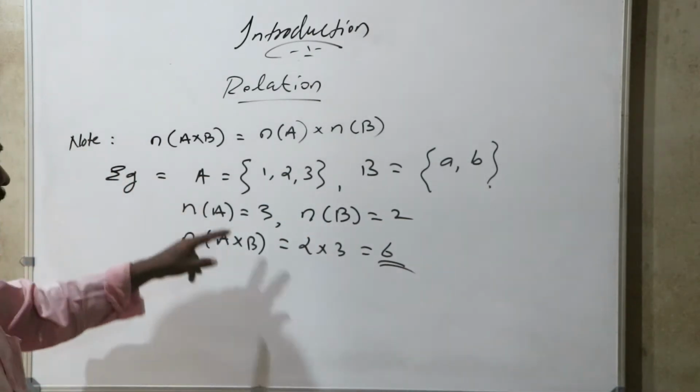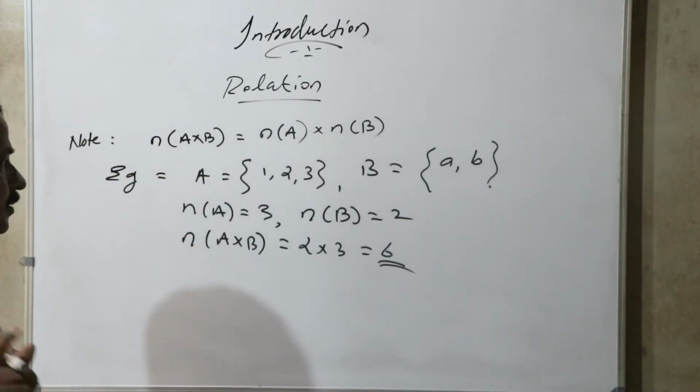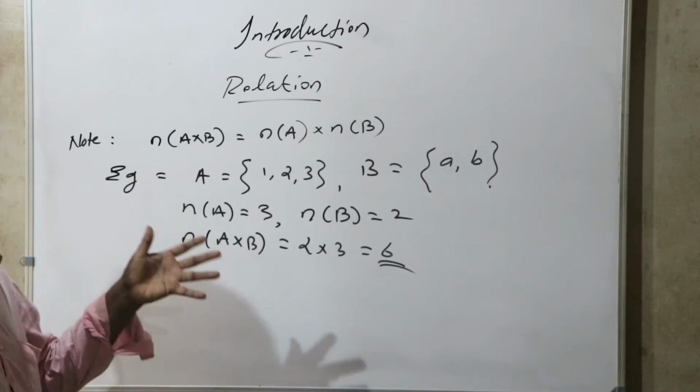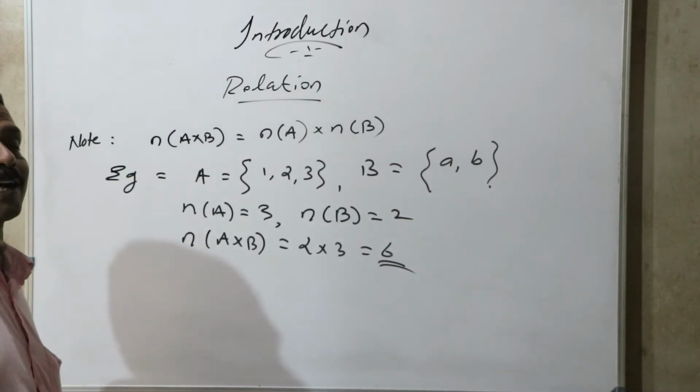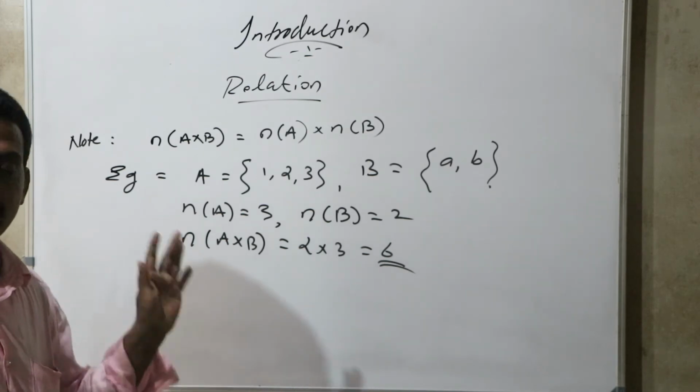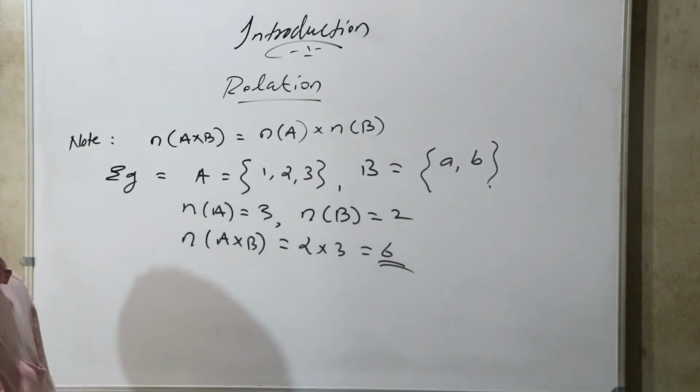That means set A has 3 elements, and set B has 2 elements. When we find A cross B, we get 6 elements. That is enough. Okay?